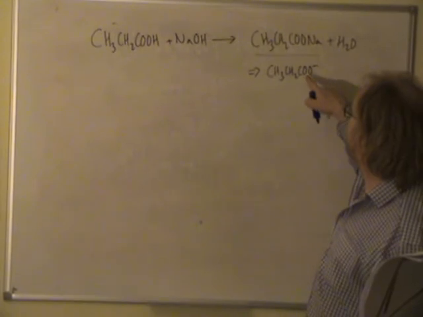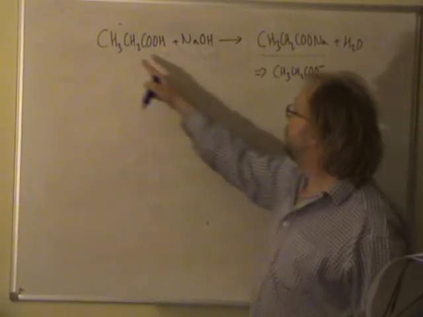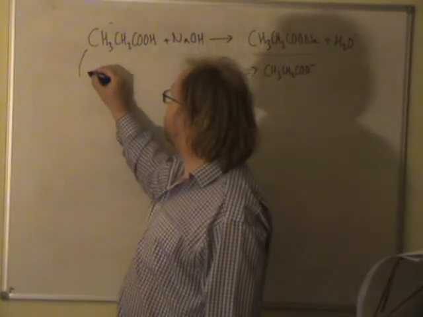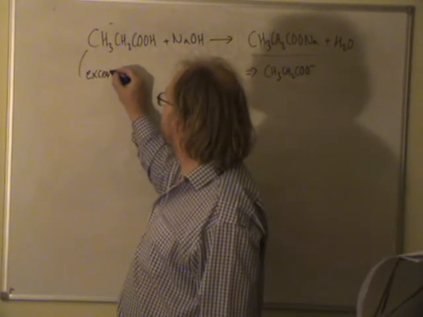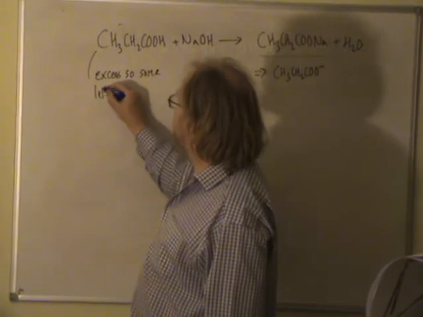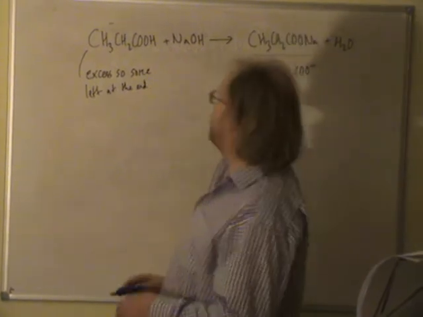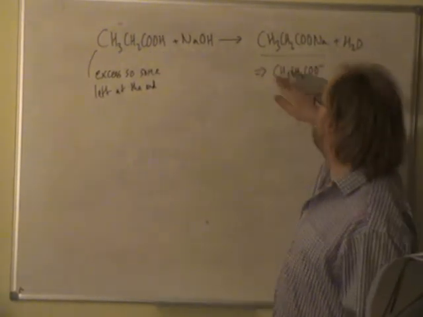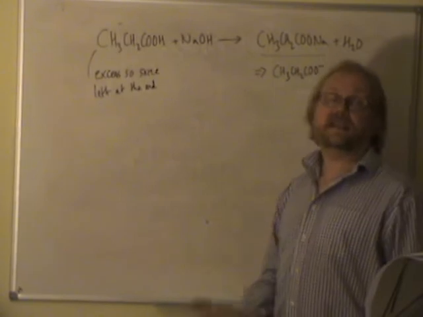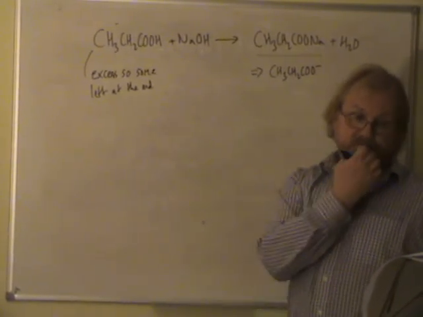So it will contain that ion, but that's in excess, so some is left at the end. And so what you have is a mixture containing the acid and its conjugate base, and that's what you need for a buffer solution. So explain that.